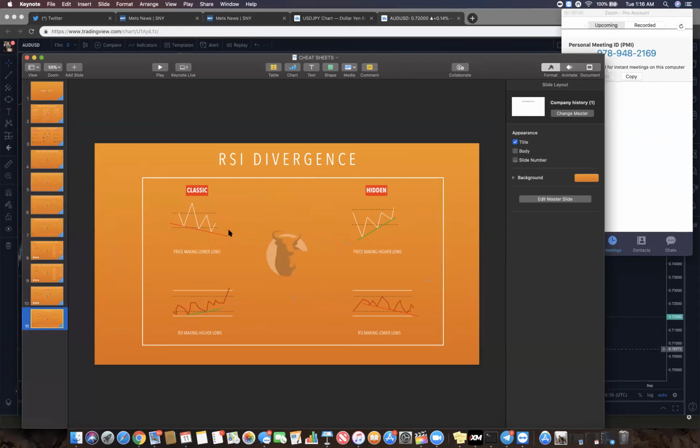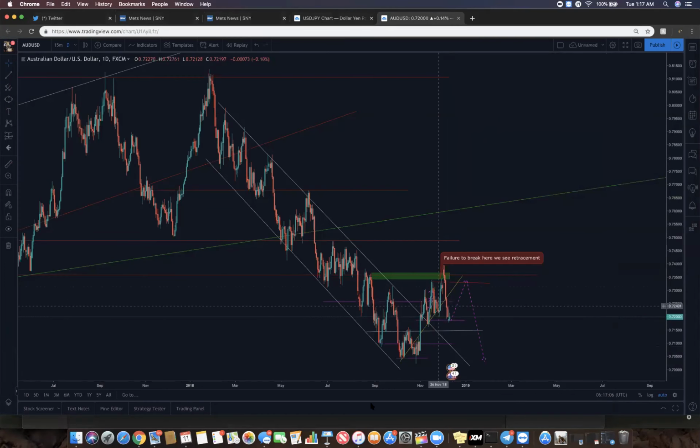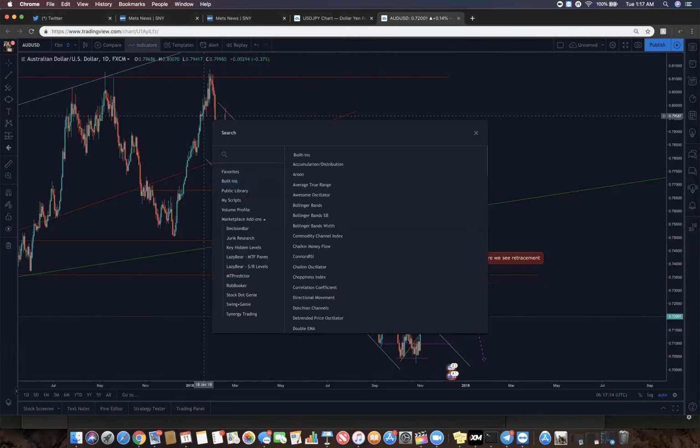And then you have your hidden divergence, where the price is making higher lows, but the RSI is making lower lows. And then what some people do is they look at the highs of the candles and the lows of the candles.